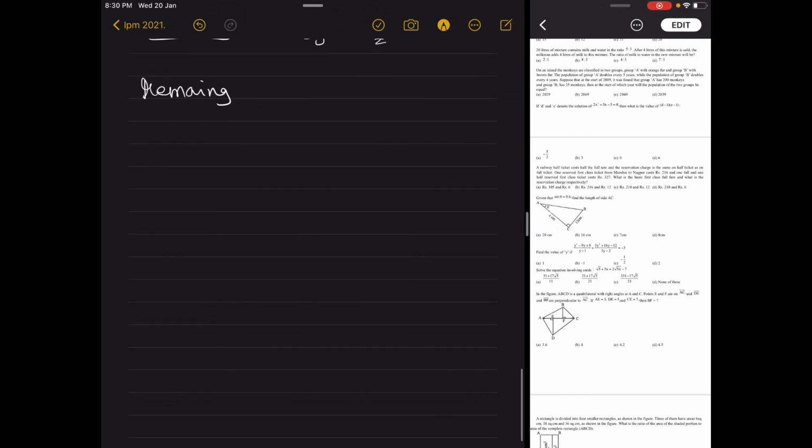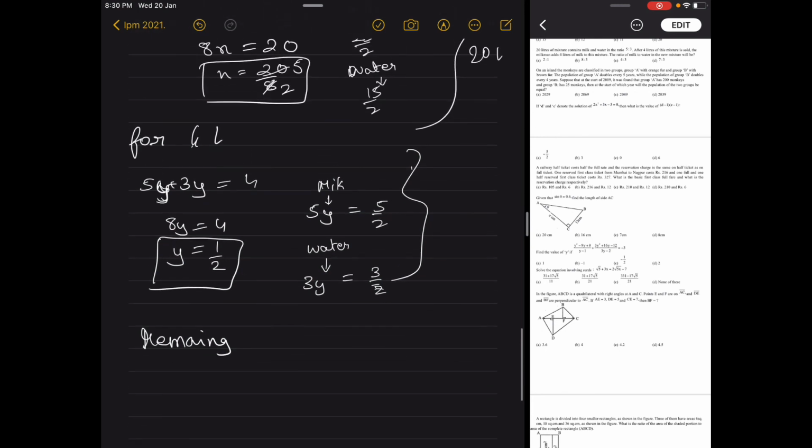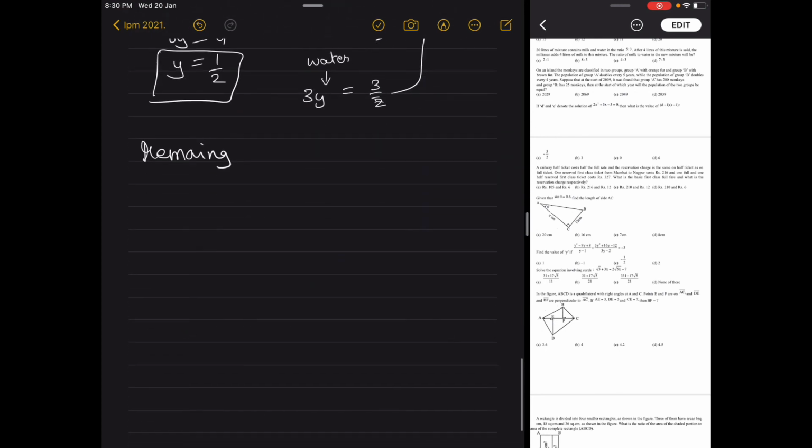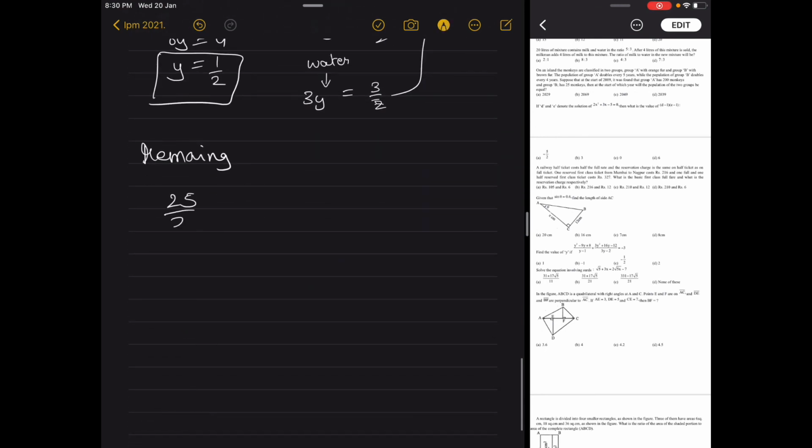Now the remaining, for milk it would be 25 by 2 minus 5 by 2, right? Obviously, from this much, this much went, so we will have this much. Minus 5 by 2, this is for the milk, which equals 20 by 2, which is 10 liters.